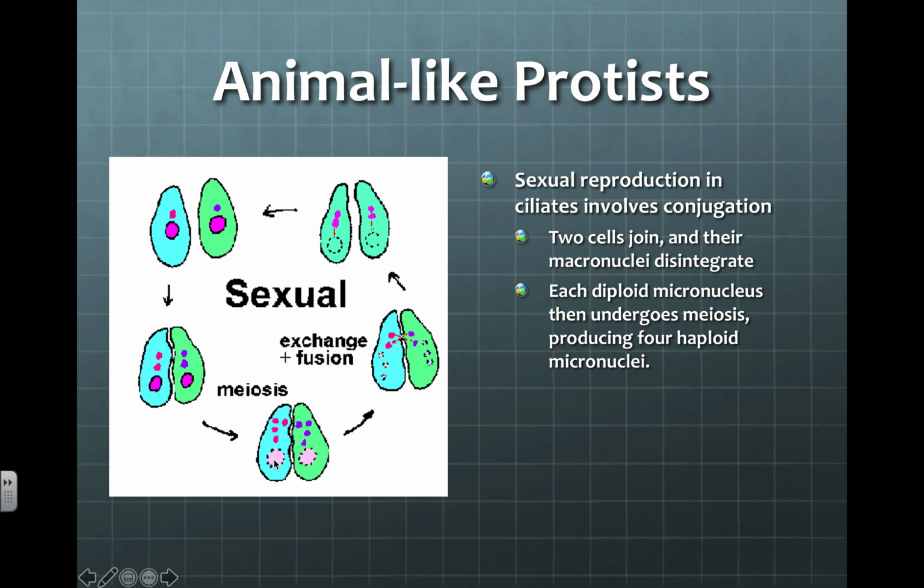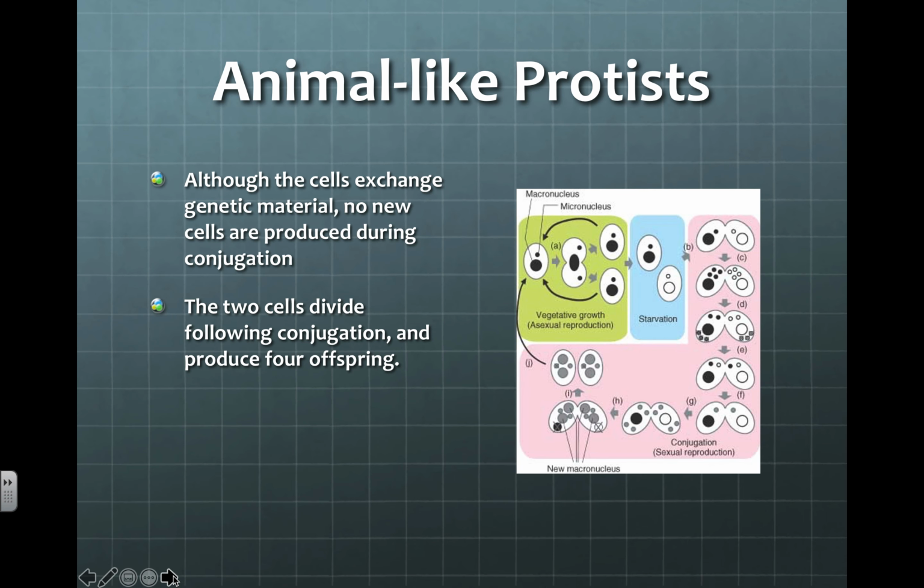You can see that down at the bottom. And then each diploid micronucleus is going to undergo meiosis and produce four haploid micronuclei.